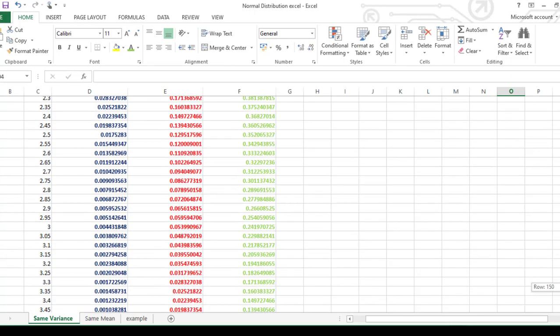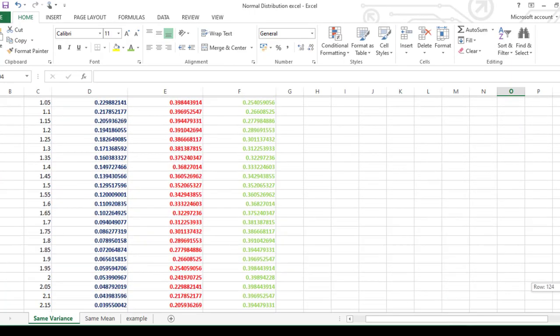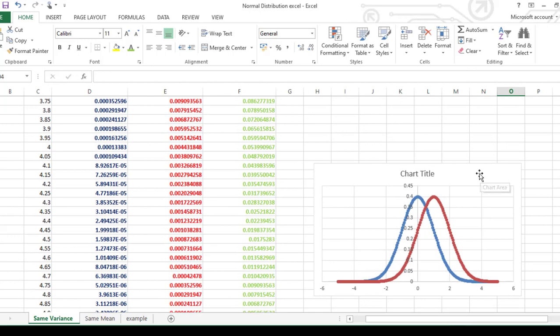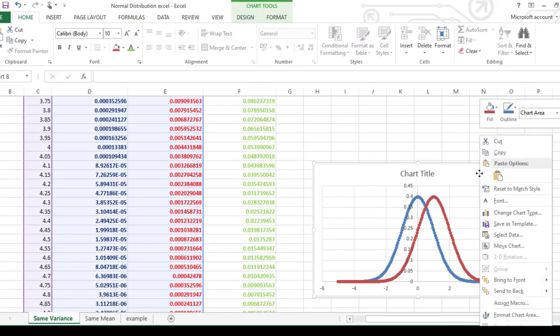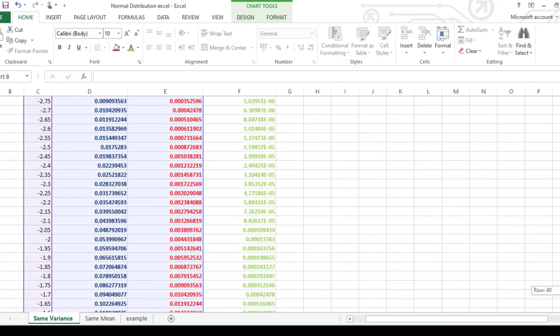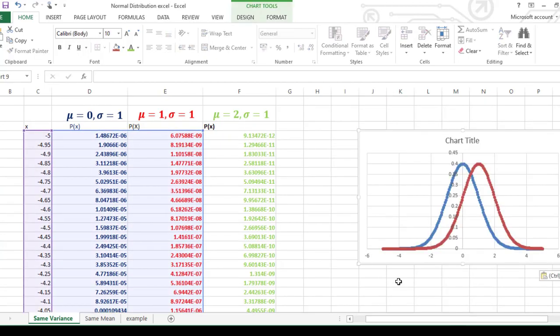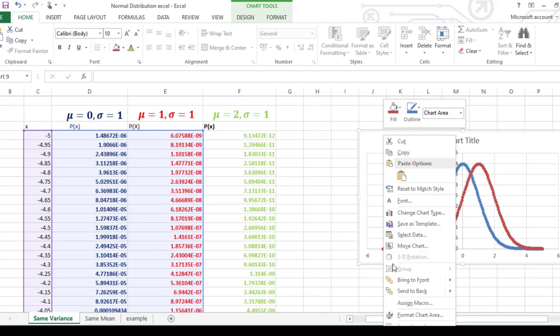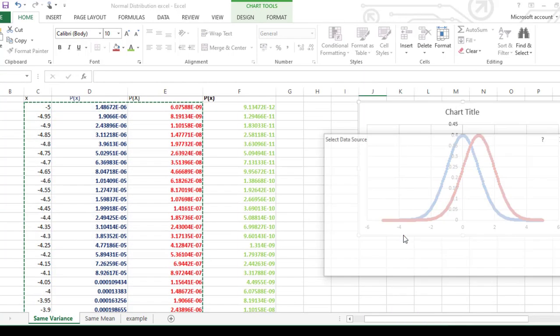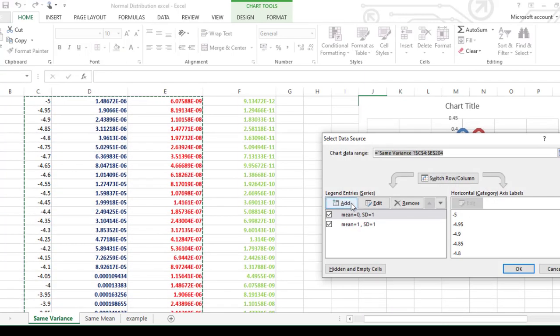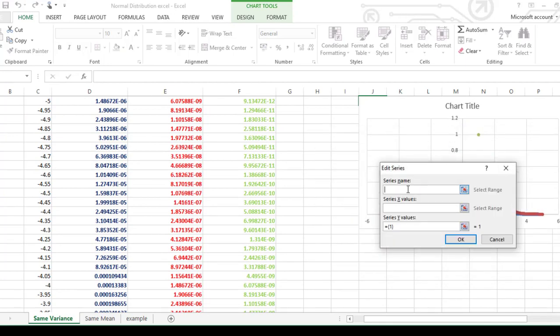Now let us add the third graph to the chart. I am taking this graph here. To add the third graph, I need to select data and add the data.